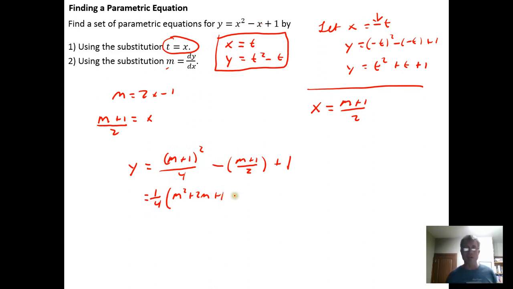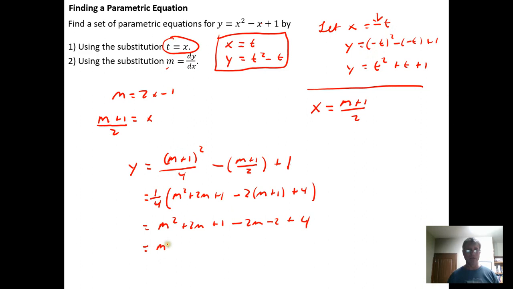And here I would have a minus 2 times (m plus 1), because when I distribute the 1/4 in, a fourth times 2 is a half to get my 2 in the denominator. And here I would need this plus 1 to be a plus 4, so when I do a fourth of 4 I get my 1 back. And then I could just clean things up a bit. This is m squared plus 2m plus 1 minus 2m minus 2 plus 4.